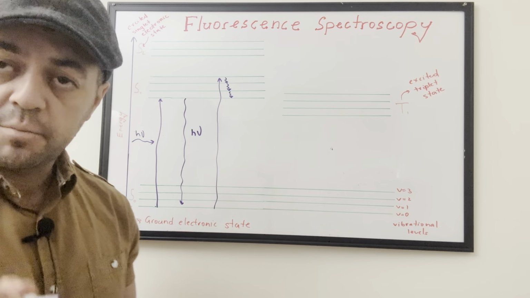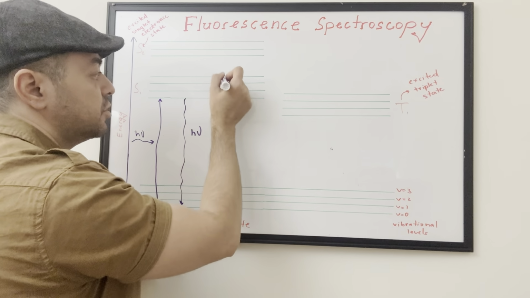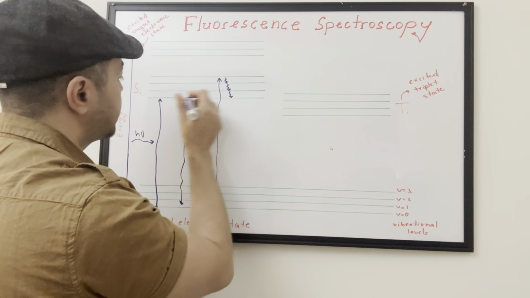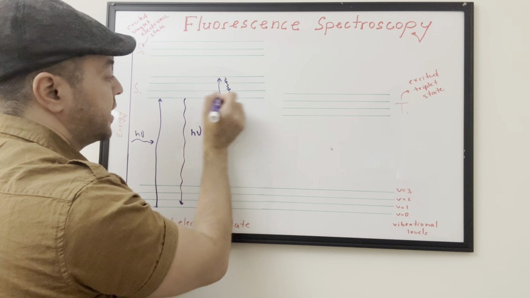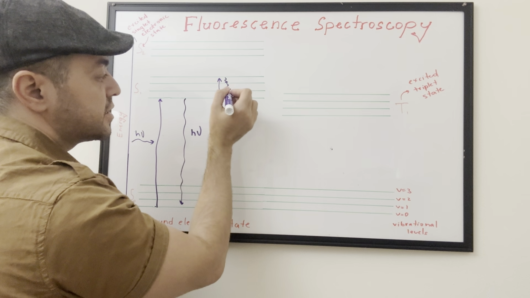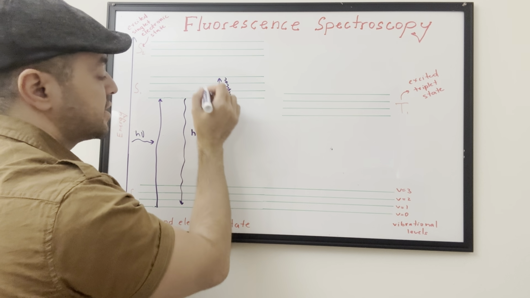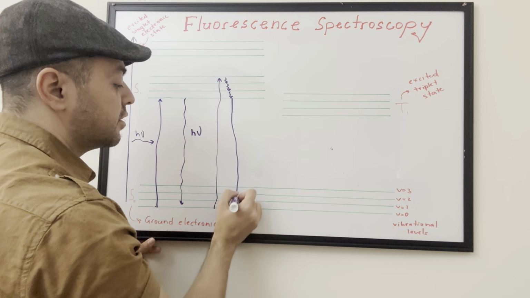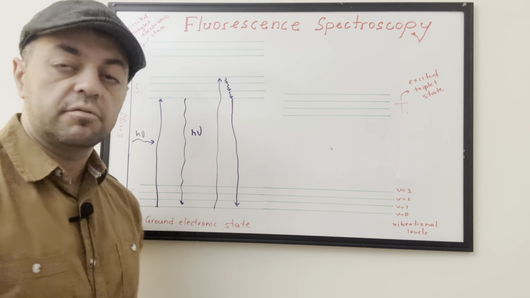The emission only happens when the molecule releases the energy as heat and comes all the way to the lowest vibrational level of this excited state, S1, and then from here it goes all the way to the ground level.